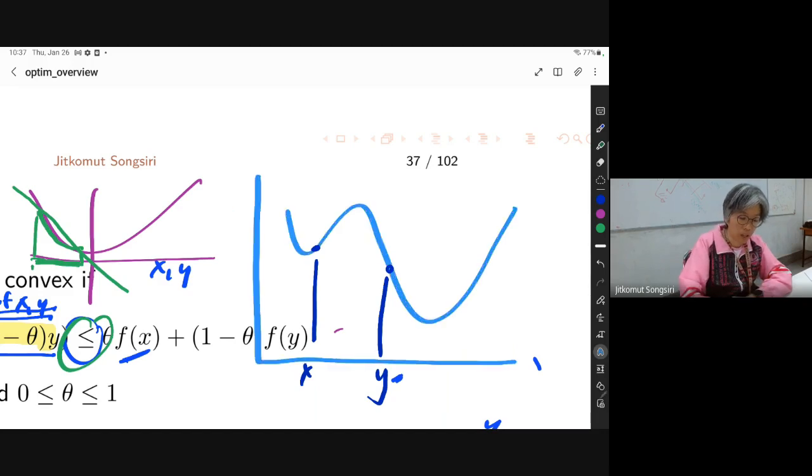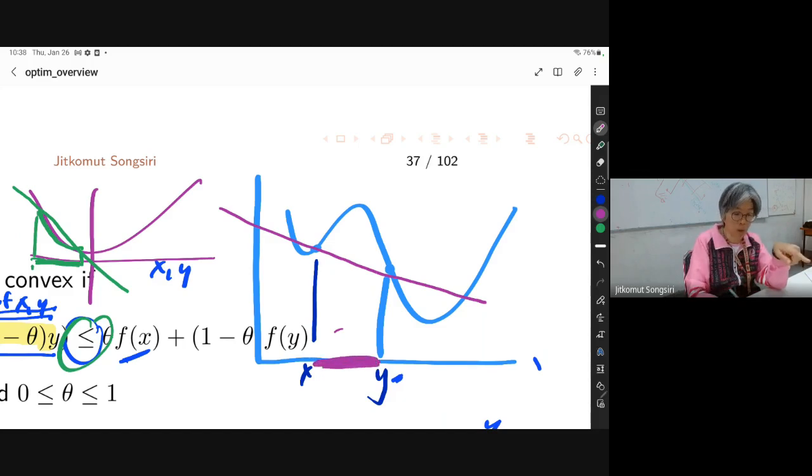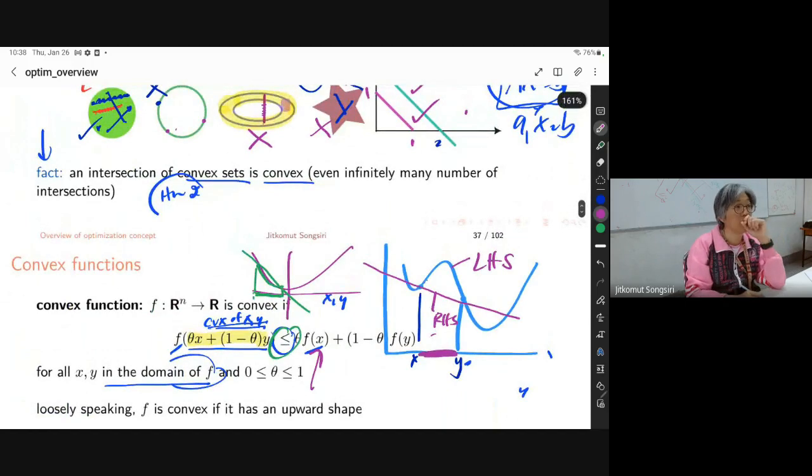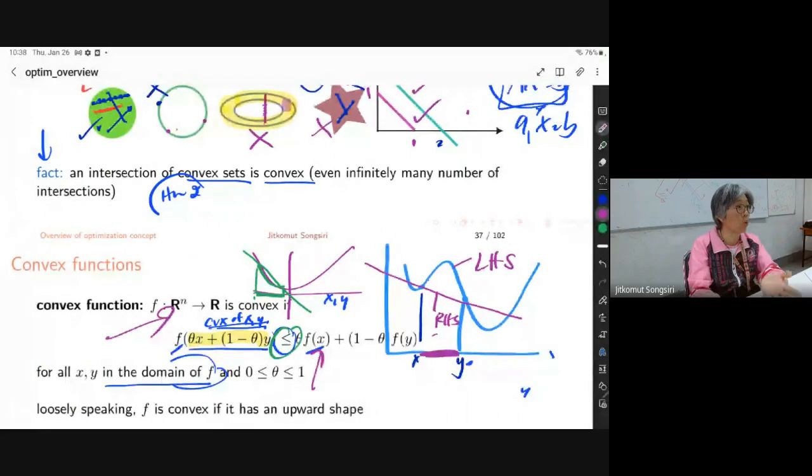Now if I draw a line between f(x) and f(y), I see a portion of it, again this is a convex combination of x and y, right? The left hand side is above the right hand side of this condition. So you found some pair of x and y where this condition does not hold.